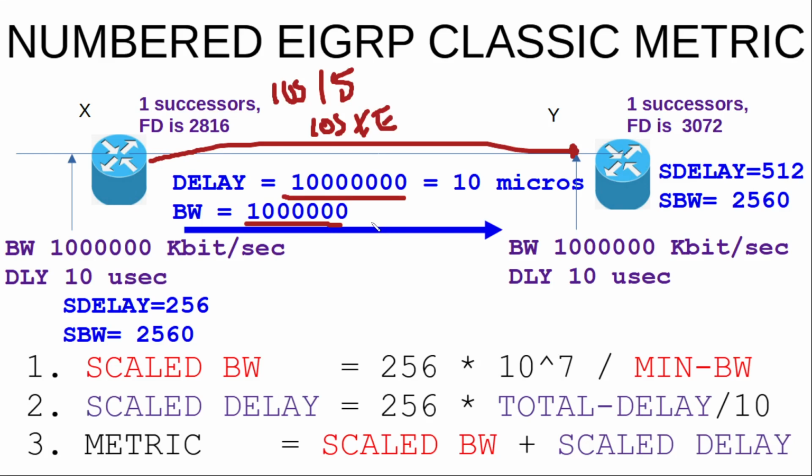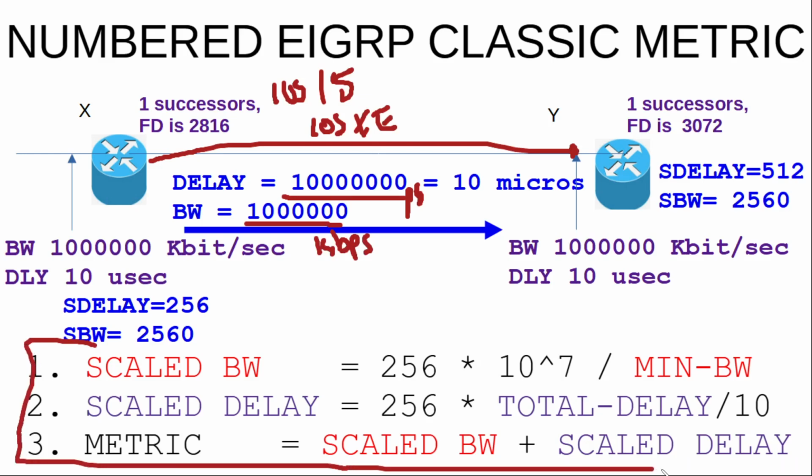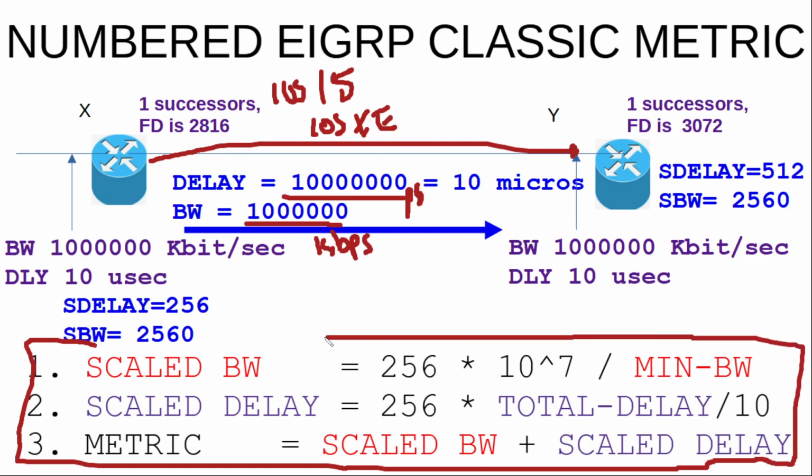In this case, the delay is sent in picoseconds, and the bandwidth is sent in kilobits per second. The same formula applies here. So with more recent IOSs, you don't have to unscale values.